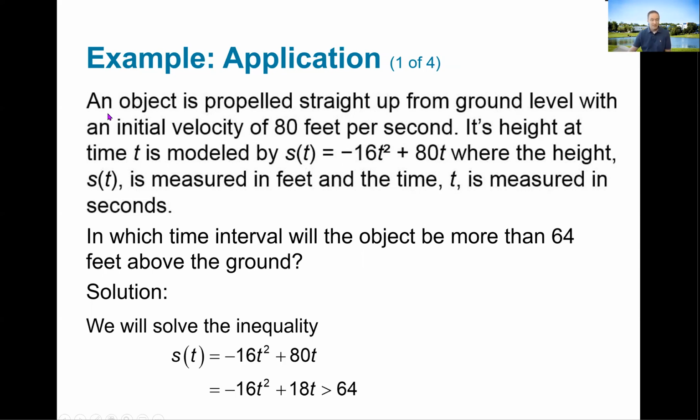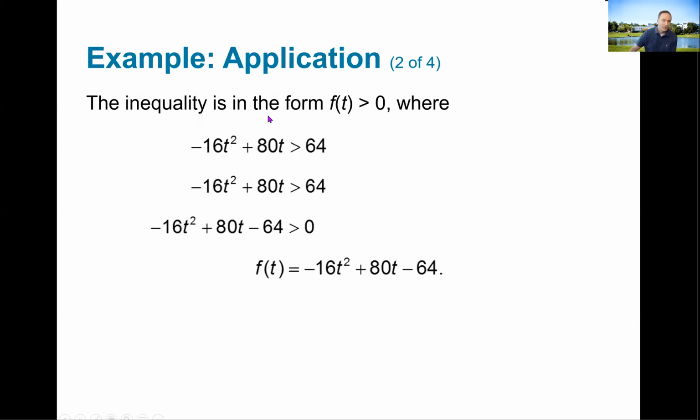So pretty simplistic, I just set the position function of this equation and say that position needs to be more than. Well, more than means strictly greater than. So I'd say strictly greater than 64 down here. I'm just taking my equation, putting it in an inequality, saying it must be greater than 64. Now, remember, whenever we deal with an inequality, it's so much better to deal with an inequality where 0 is on a side.